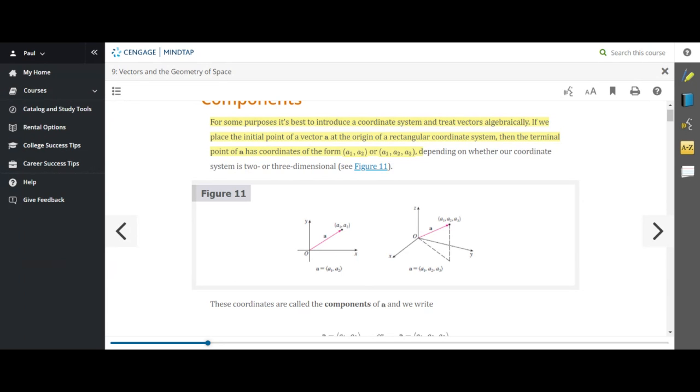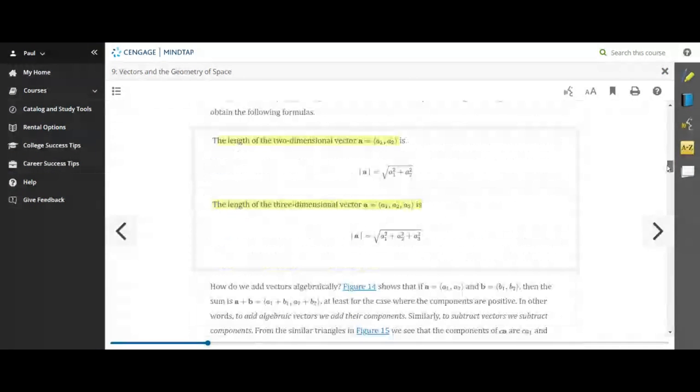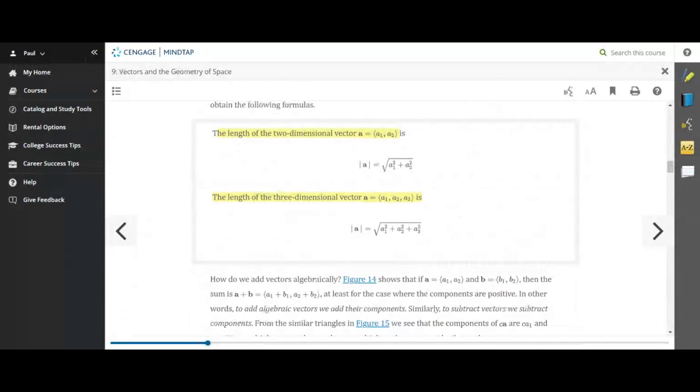And so the length of the vector A would be the square root of the sum of the squares of the components. That's what they're getting at. Similarly, for a vector in three-dimensional space, it's also the square root of the sum of the squares of the components.